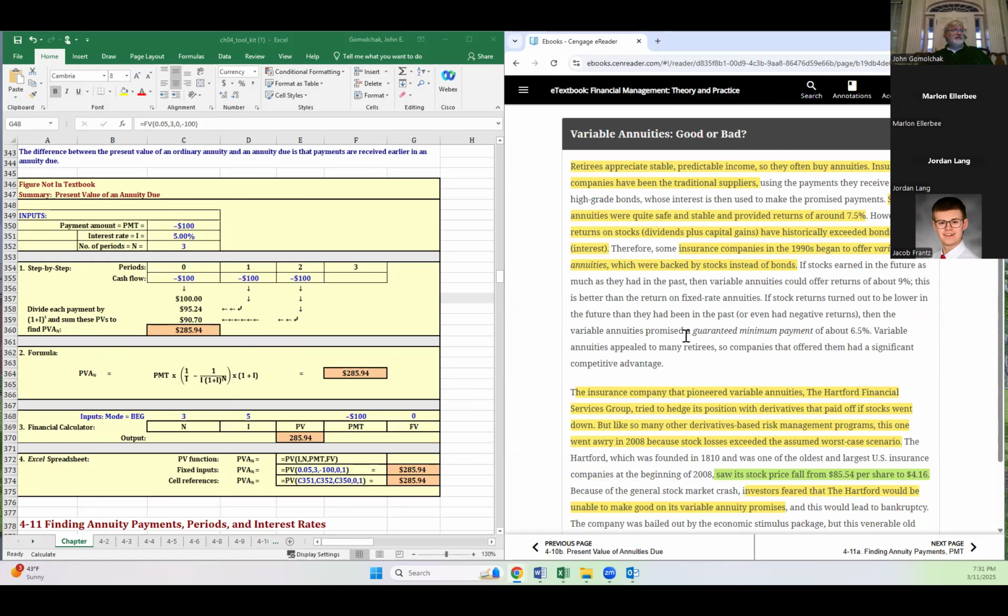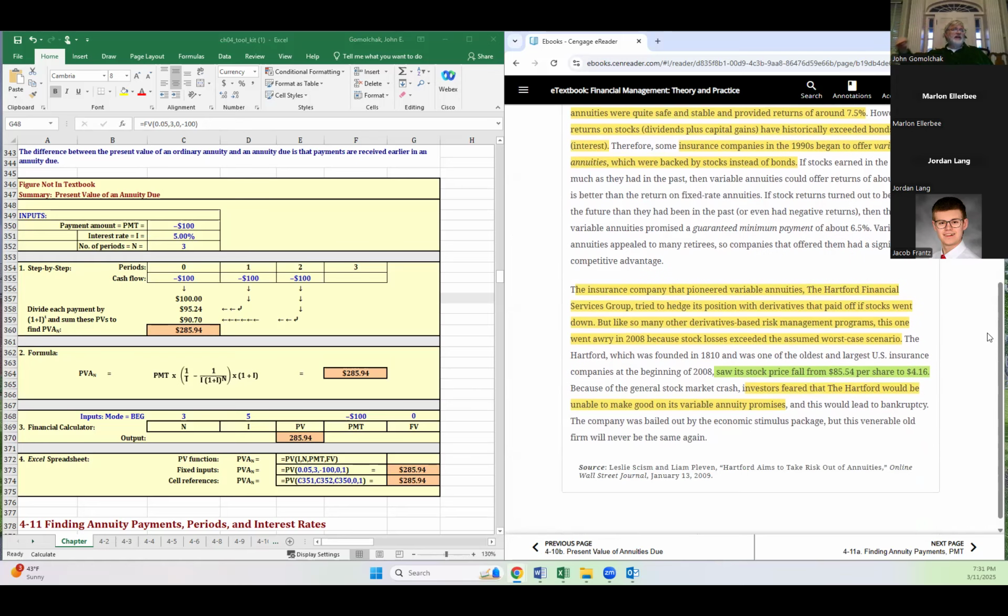The insurance company that pioneered variable annuities, the Hartford Financial Services Group, tried to hedge its position with derivatives that paid off if stocks went down. But like so many other derivative-based risk management programs, this one went awry in 2008, because stock losses exceeded the assumed worst case scenarios.